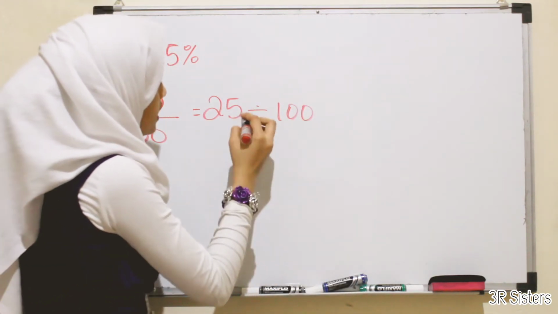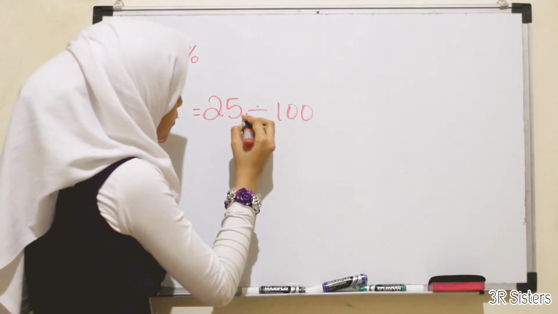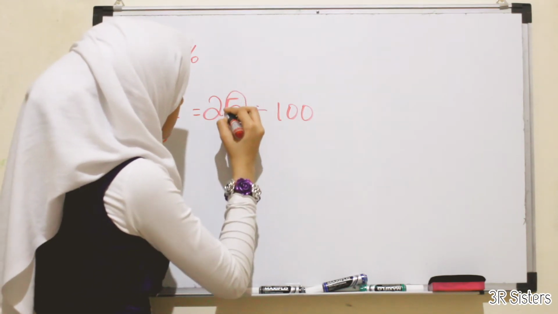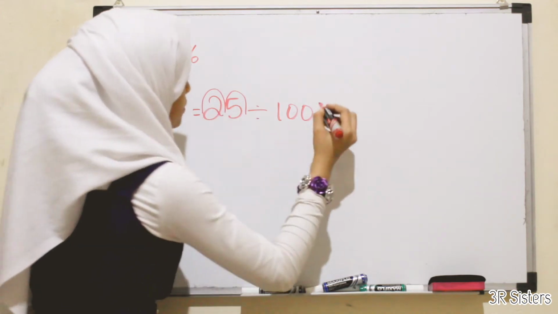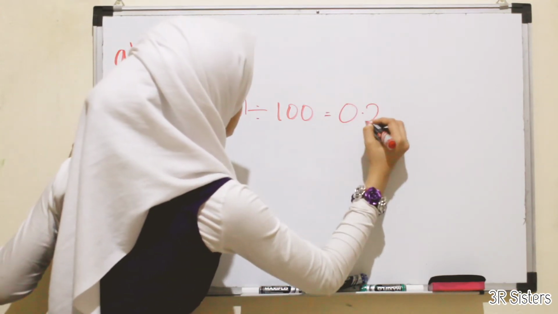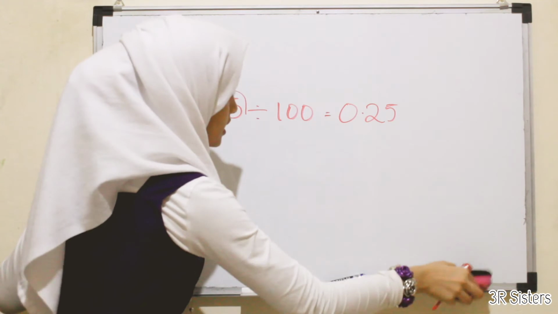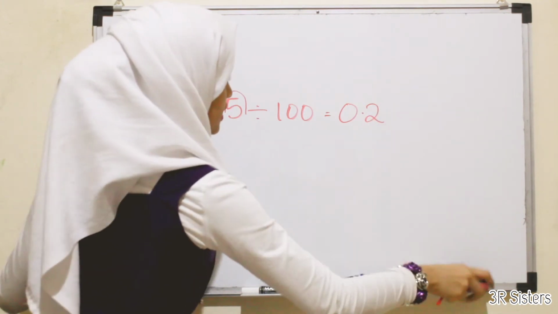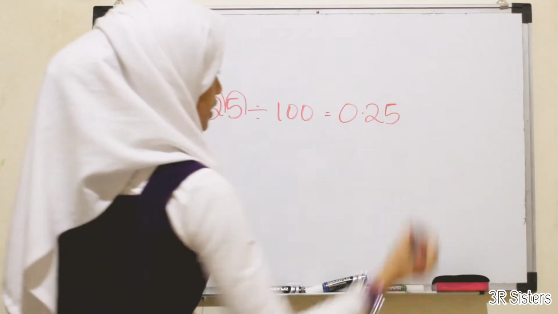So divided by 100, the decimal point will move 1, 2. So this will become 0.25. This will be written as 0.25.